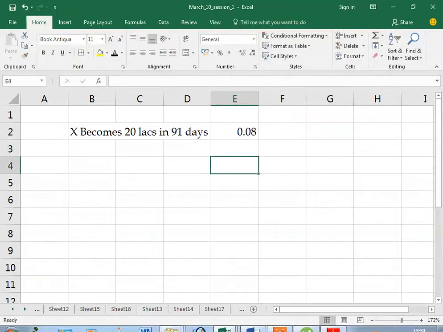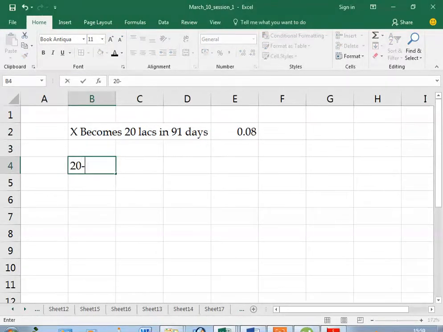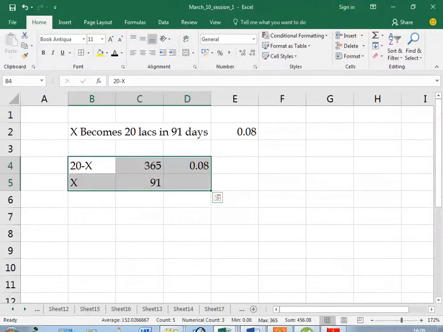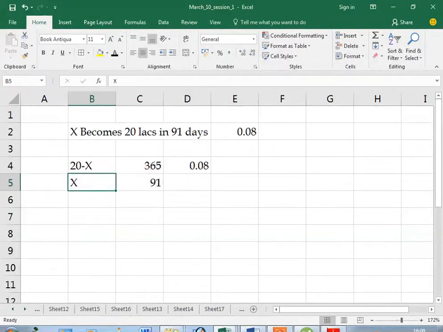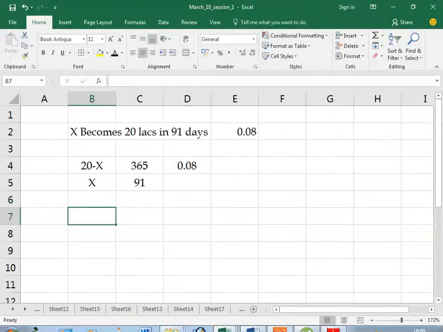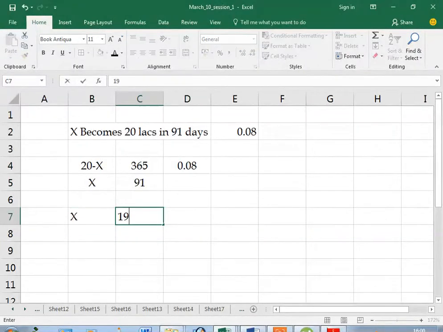0.08. What do you finally get as X? 19 point?